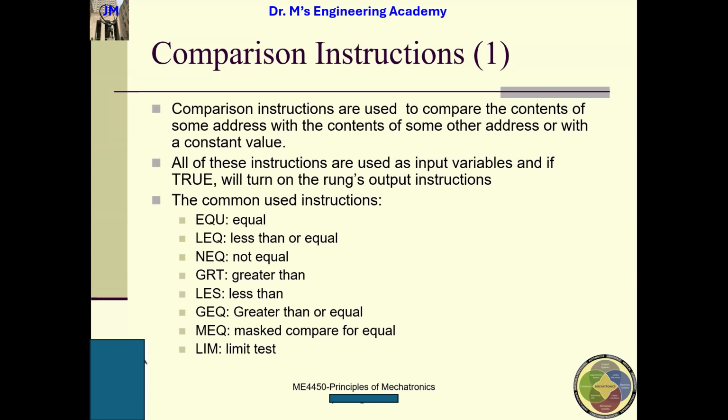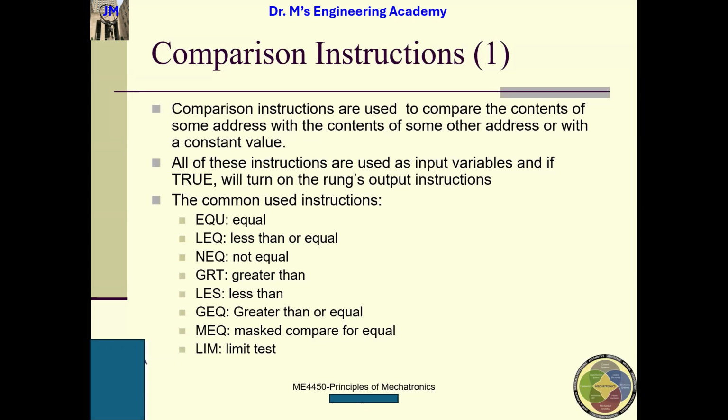Not equal: if A is not equal to B, then you can do something. Greater: if A is greater than B, you can do something. Less: if A is less than B, you can do something. GEQ, greater than or equal to. And this one is easy to understand. MEQ, masked comparison for equal, and LIM, a limit test.